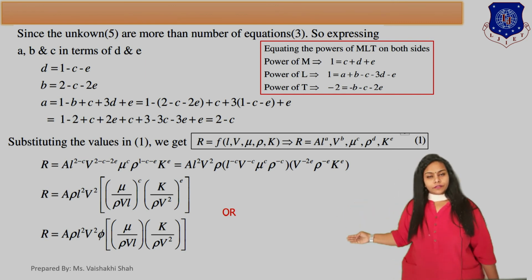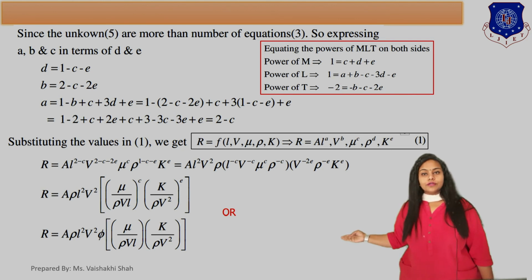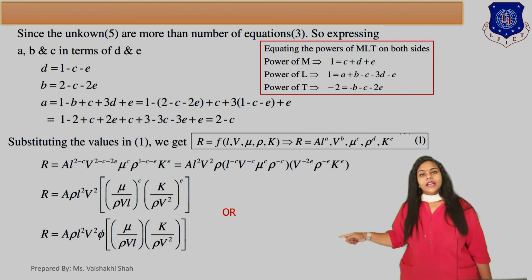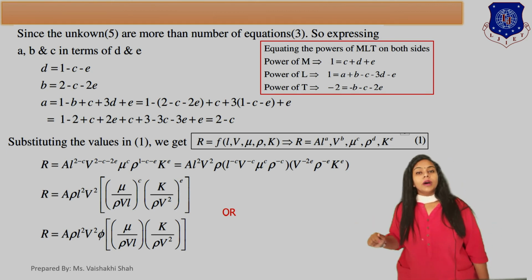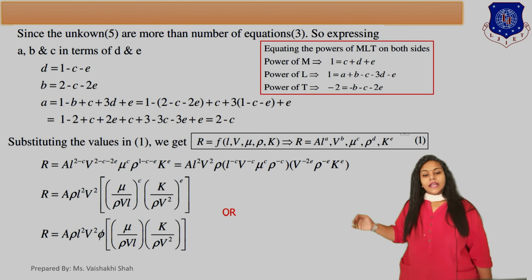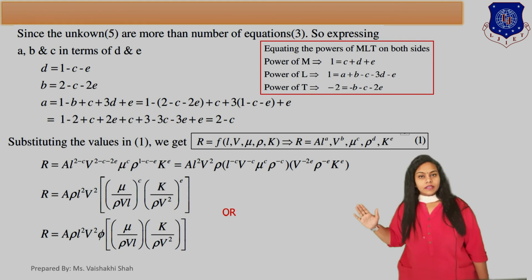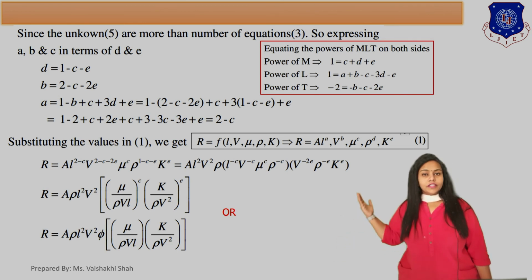So your final form you can write like this also: R equals capital A rho L square V square phi, in bracket it is mu upon rho V L and K upon rho V square.